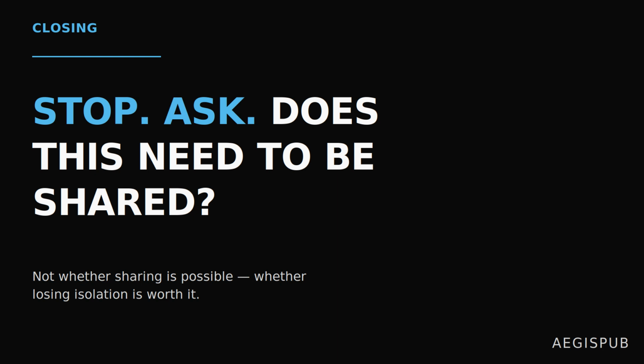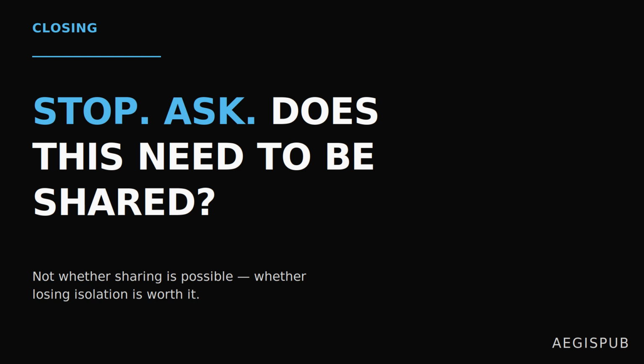The organization that applies least common mechanism well is the one that knows exactly which components it has deliberately chosen to share, why it made each choice, what additional controls it has applied to harden each shared component, and what its recovery plan looks like if any shared component is compromised.